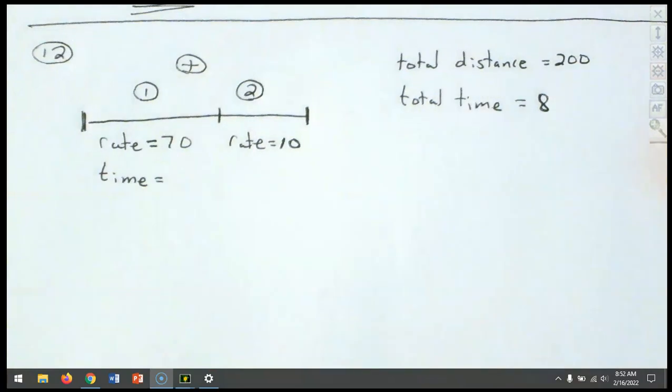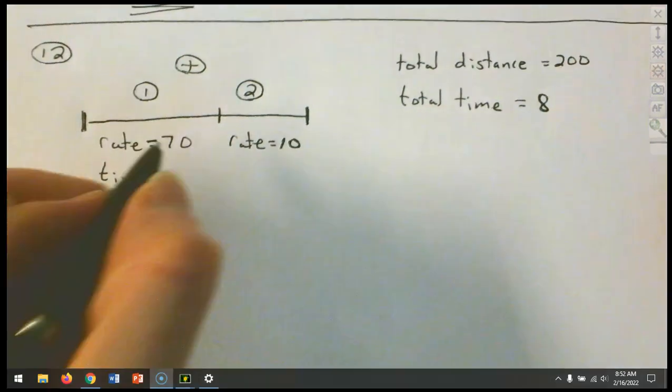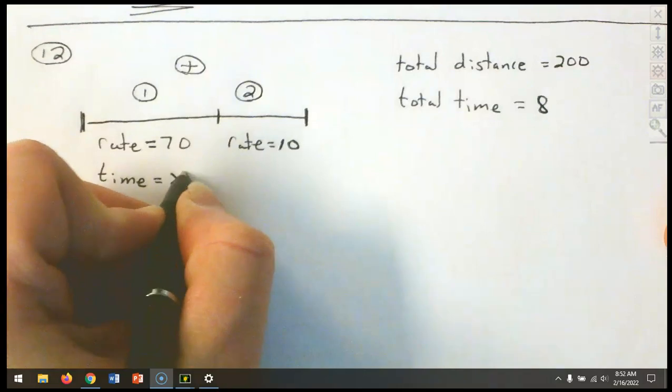What about the time that we're traveling at 70? Does it tell me how long I'm traveling at 70 for at all? No. What do we know? We know the total time, right? We know it's 8 hours for this entire trip. So do we know how long we spent driving at 70 on the highway? No. Okay, so that's going to be our unknown. So we're going to call that one X.